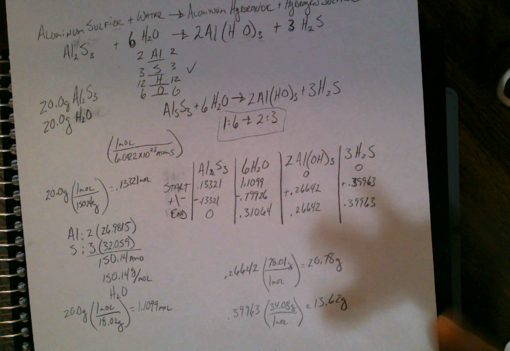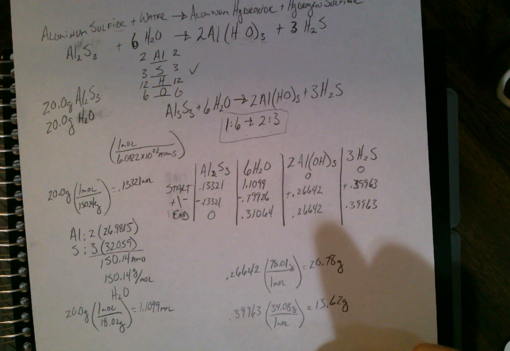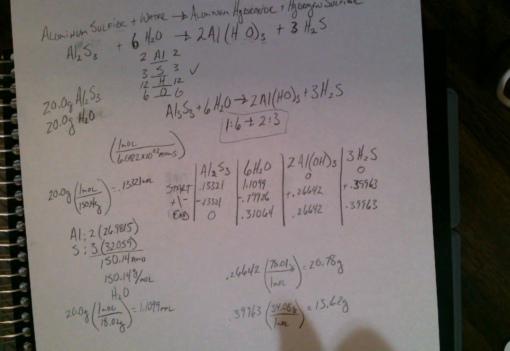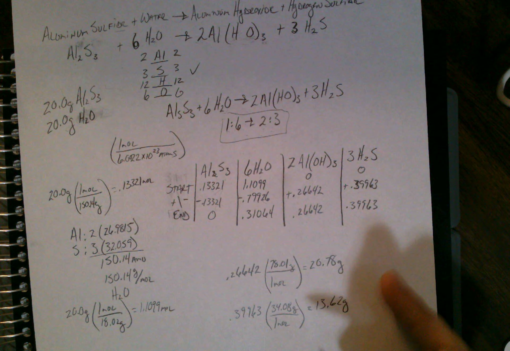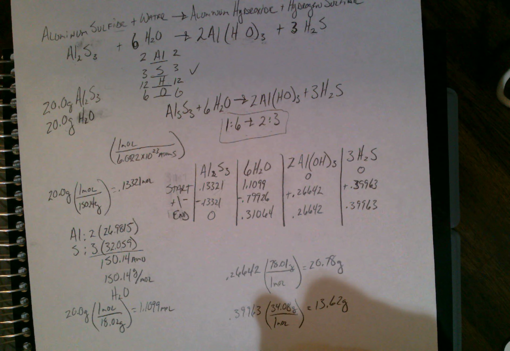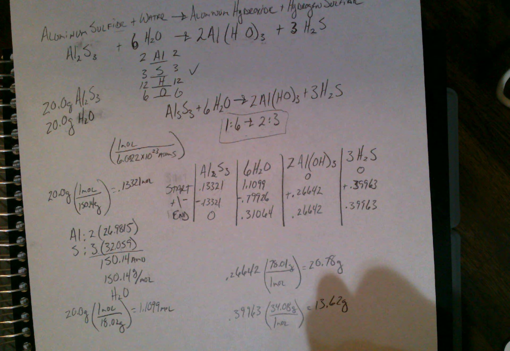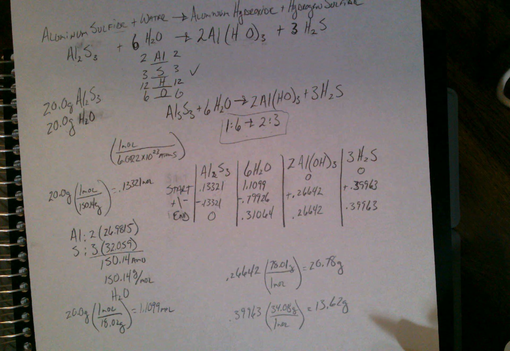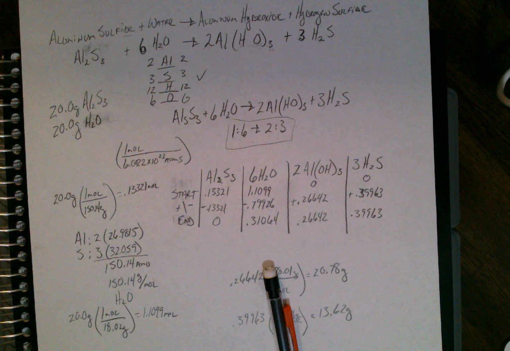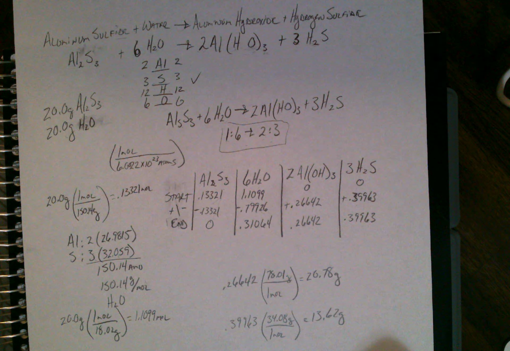So if we only created that much, you can figure out a thing called the percent yield, which is just simple fractions. If you wanted to create 20.78, that was your perfect amount, but you only created 16.70, then you can figure out exactly what your amount is. I don't have a calculator right here, but basically you divide your actual result by the theoretical result, multiply it by 100.